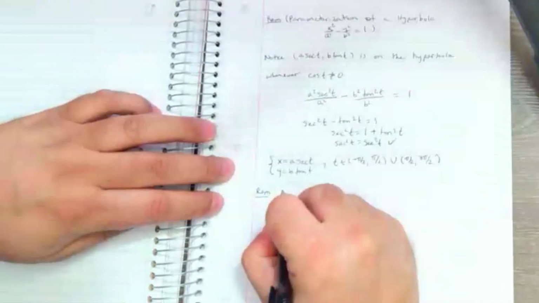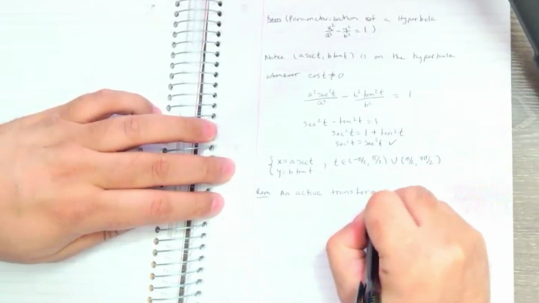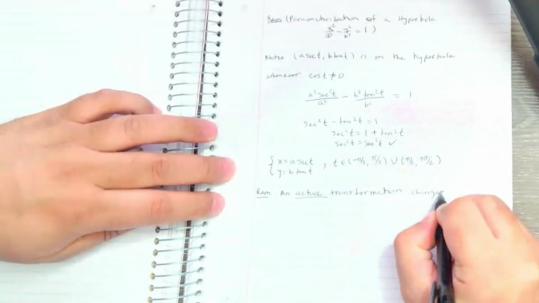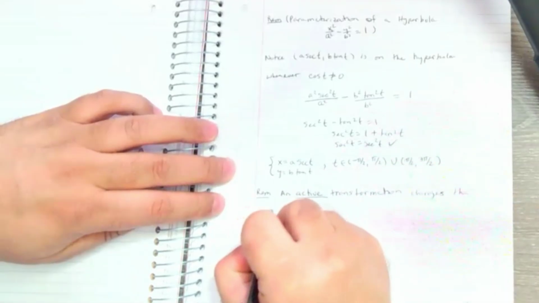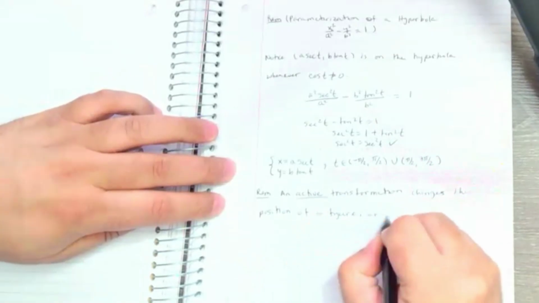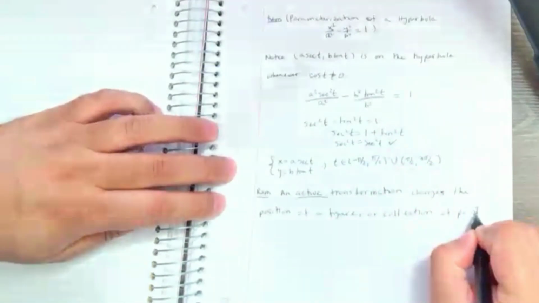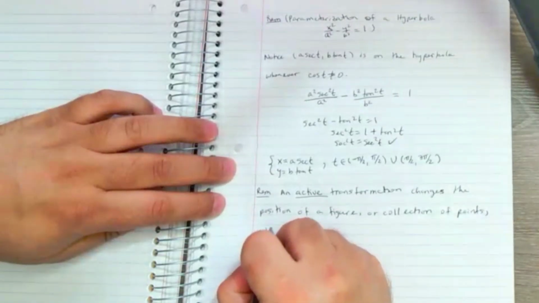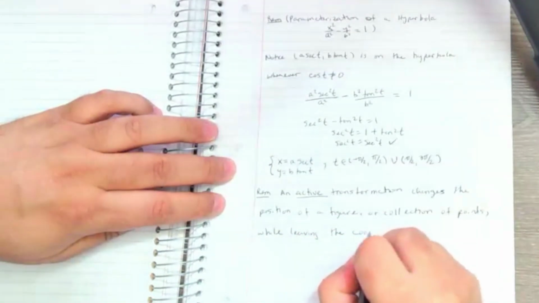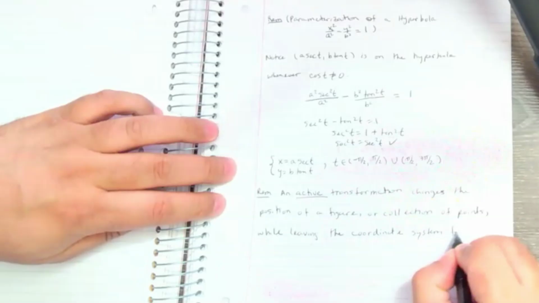So an active transformation changes the position of a figure or collection of points while leaving the coordinate system fixed.